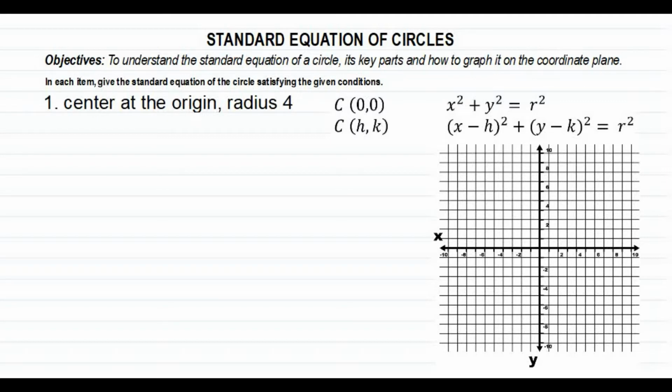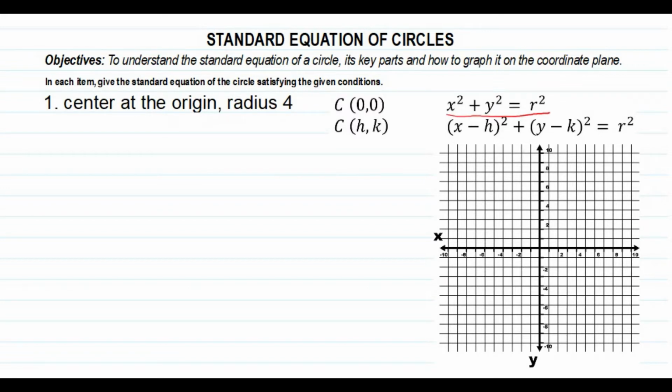Now, before doing that, recall lang natin na if the center of the circle is located at the origin, meron tayong standard equation na x squared plus y squared equals r squared.